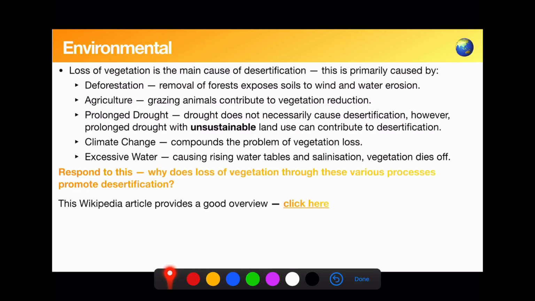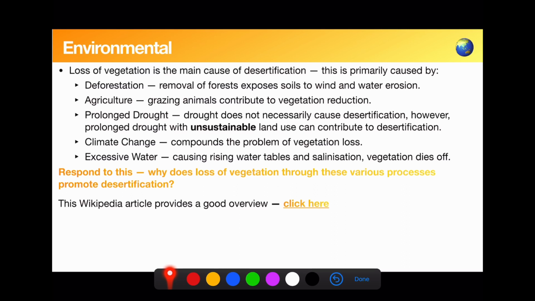So first off with the environmental, just remembering that desertification is a loss of vegetation. So vegetation is lost in that area, or if it's in dry lands, it's almost completely gone. But deserts, there's literally no vegetation. So if it's dry land, it will have some sort of vegetation that has adapted for that environment.